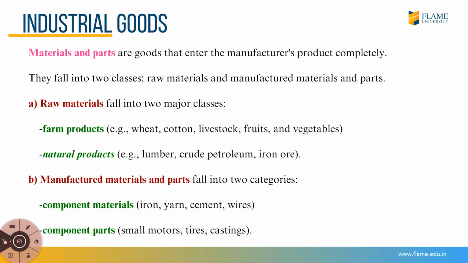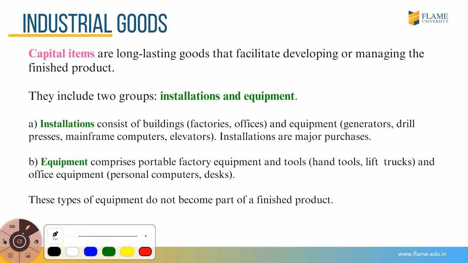Next we look at capital items. Let me put it this way. To manufacture a car, you need certain infrastructure like a building, you need lines, you need machinery which will accumulate or attach or fix the particular components and make them into a car.